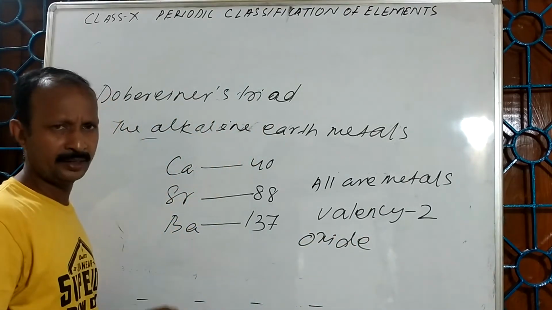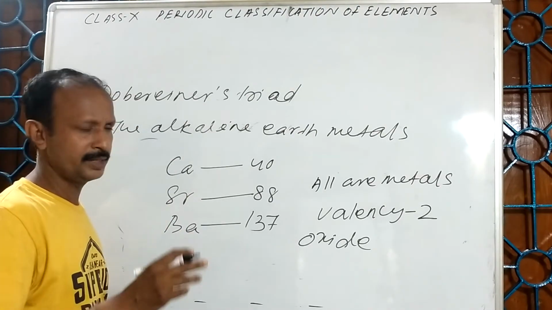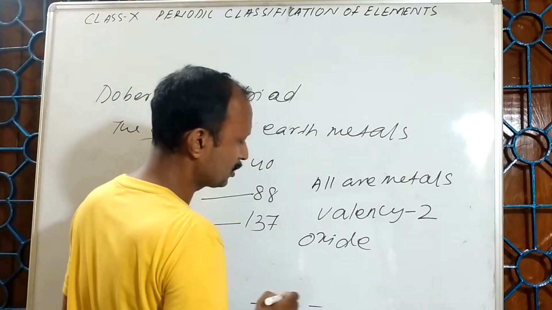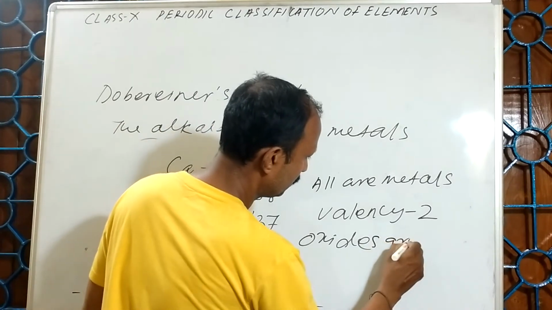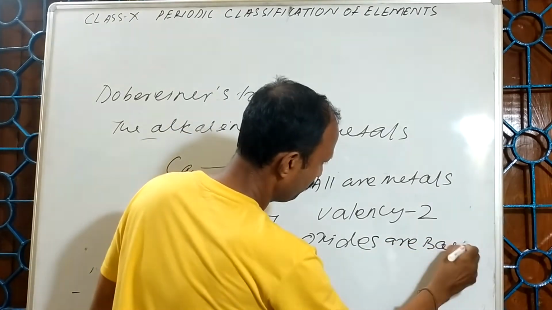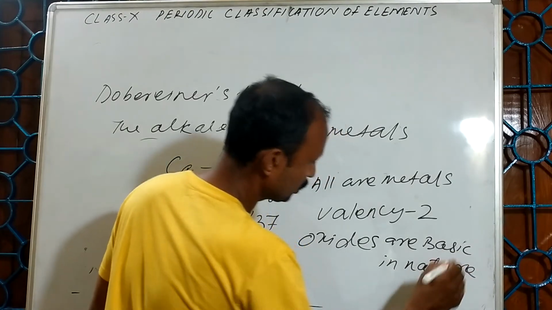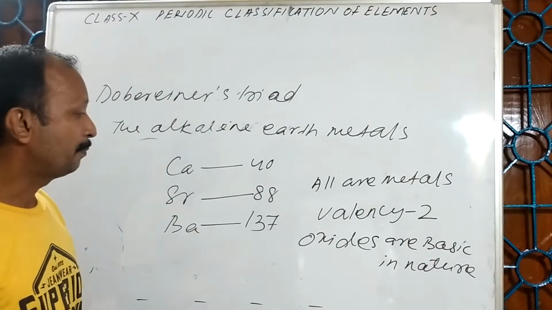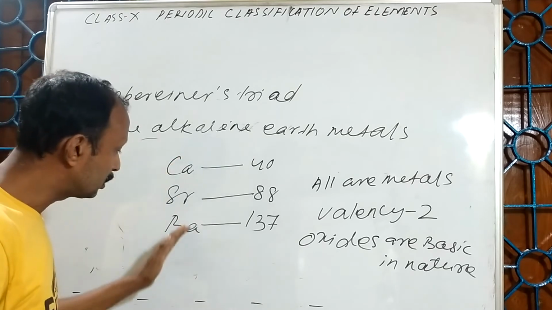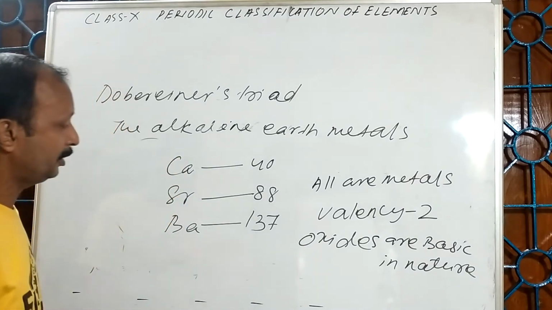They make the oxide like strontium oxide, calcium oxide. The oxides are basic in nature. That means all three have similar properties.